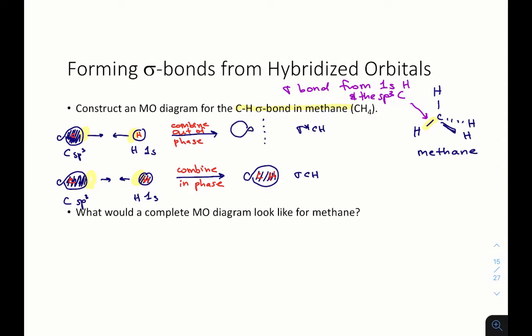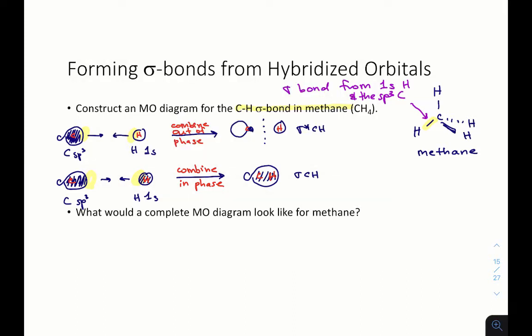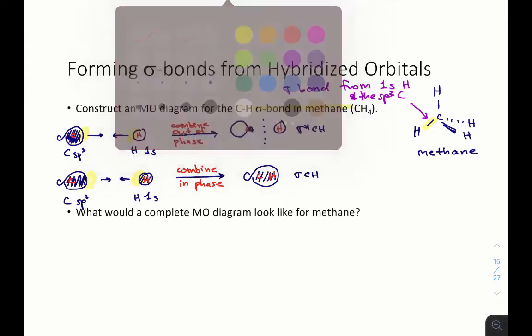This orbital has a node between the 2 nuclei. I understand that it looks like the big lobe and the little lobe of the sp3 orbital just swap places. That's not what happened. The big lobe of the sp3 orbital actually was canceled out where it overlapped with the 1s orbital of hydrogen out of phase. So there's a node between these 2 nuclei.